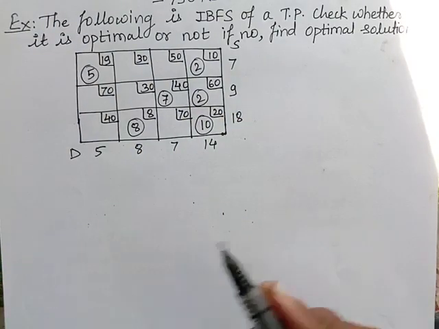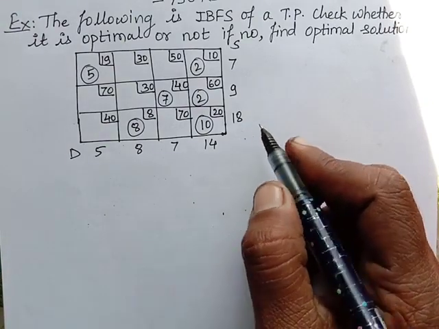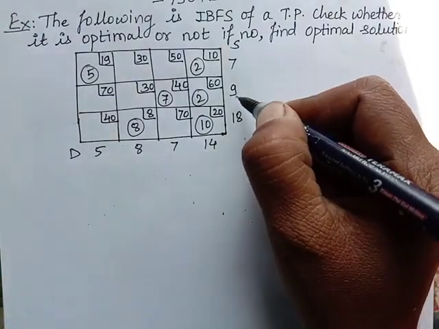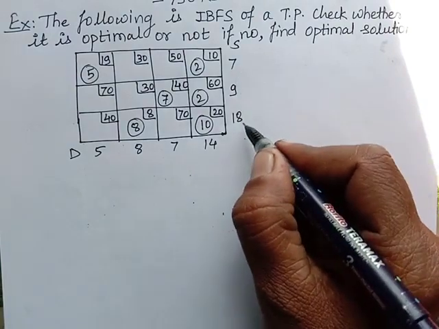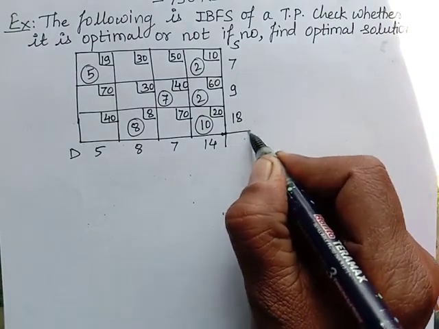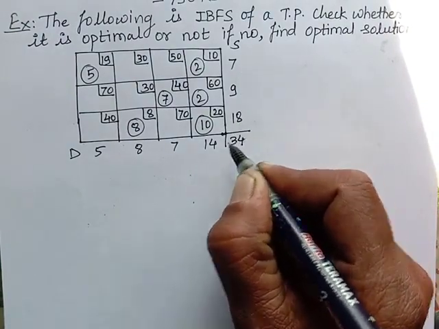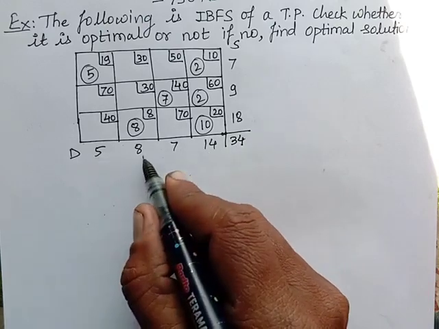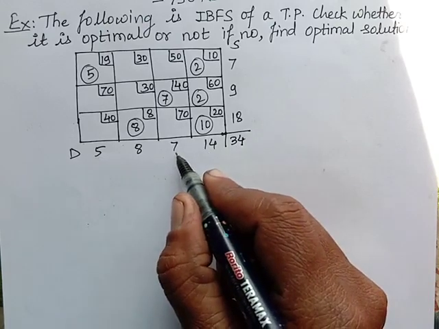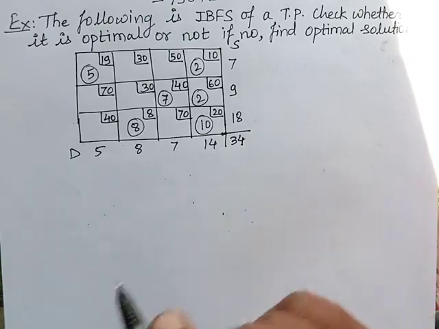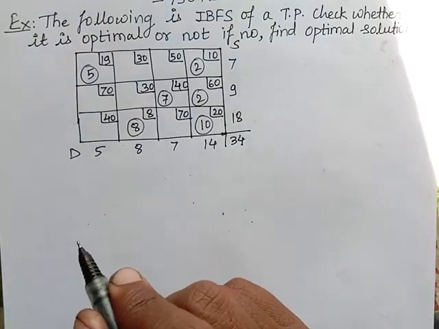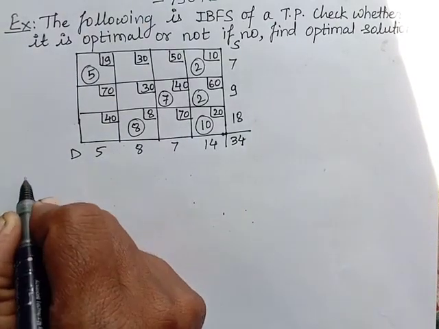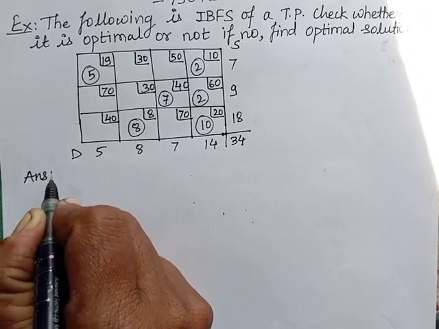So now look at the total first. This 7 and 9 will be 16 plus 18 will be how much? 34. Now look at here. This is 13 plus 7 will be 20 plus 14 will be 34. Fine. So what can we say the answer or the solution?